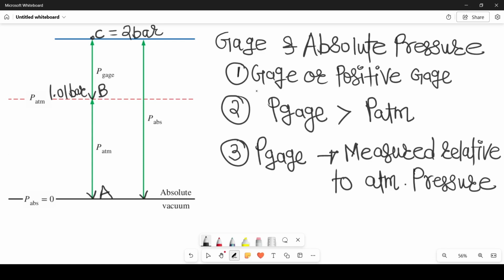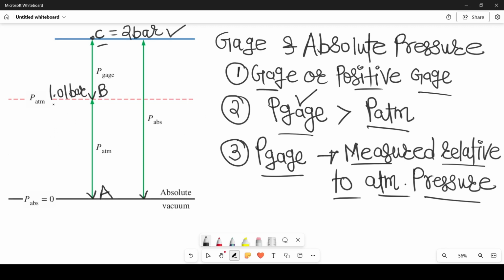Gauge pressure, or sometimes it is also called positive gauge pressure. Gauge pressure means at a given point, if the pressure is above atmospheric pressure, that pressure is called gauge pressure. Gauge pressure is always measured relative to the atmospheric pressure. Let us consider this point C here, where the given pressure is 2 bar.